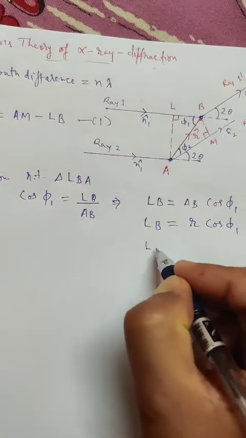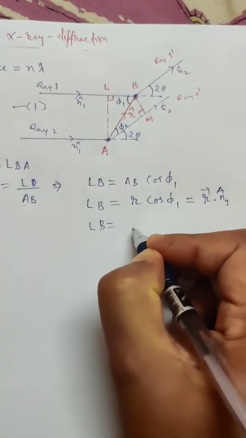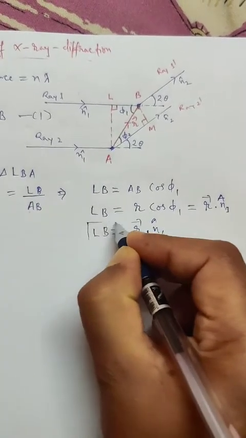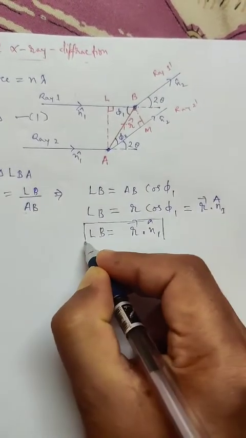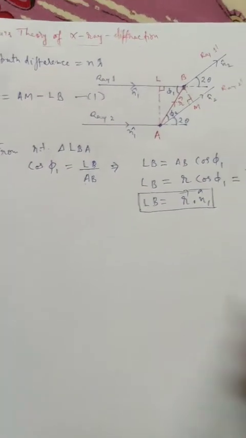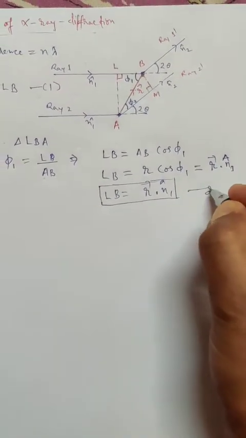So your LB is equal to the dot product of R and n1. This is equation number 2.